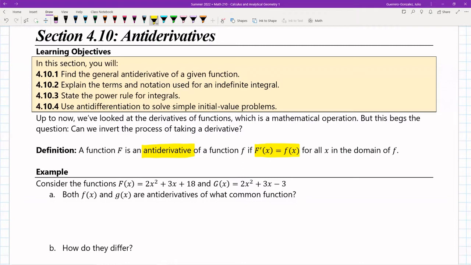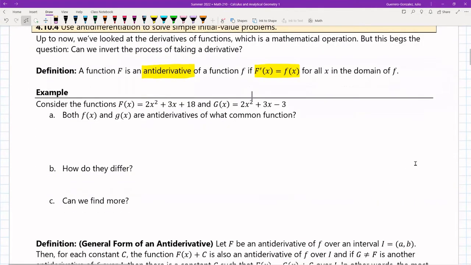So how does this actually work out? Let's scroll down to the first example. Consider the functions big F and big G. Both big F and big G are antiderivatives of what common function?